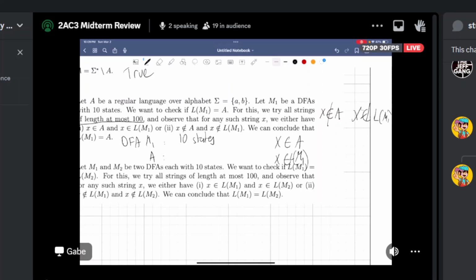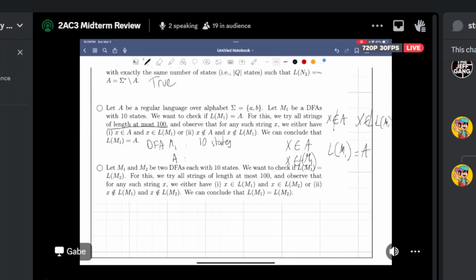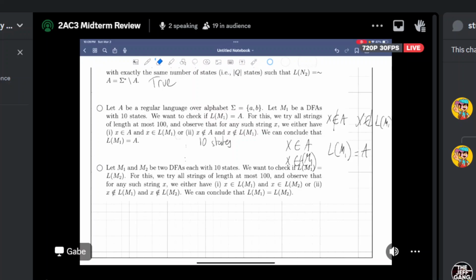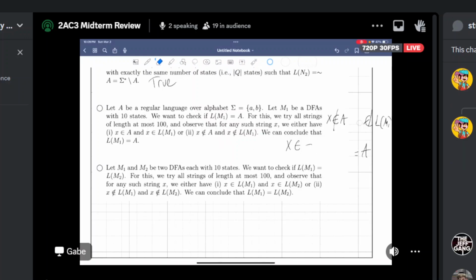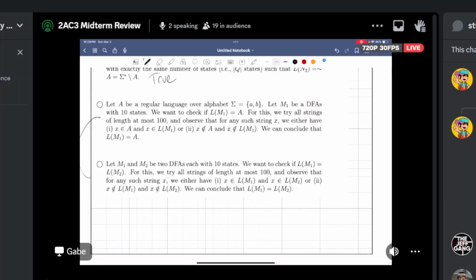Can we conclude that the language of M1 is equal to A? And the answer is no, we cannot, and I'm going to answer that by doing this one first, and you'll see why.